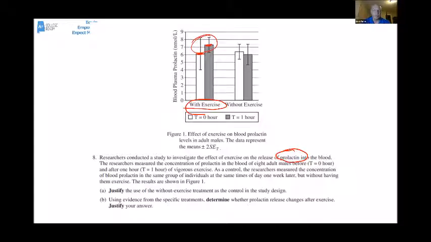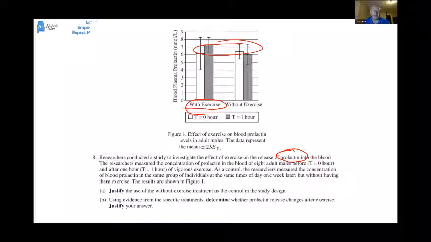And then without exercise, here's where the males without exercise started as far as prolactin levels go. Here's what they had an hour later. And again, note, error bars overlap. Also note that there's overlap between the no exercise group and the exercise group. They're all overlapping. So A, justify the use of the without exercise treatment as the control in the study design.